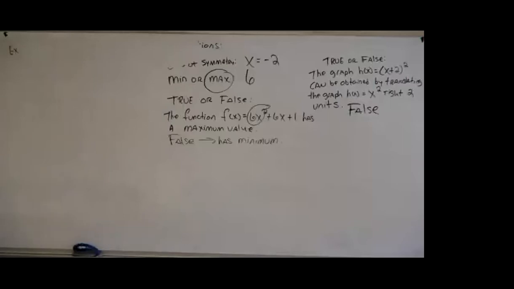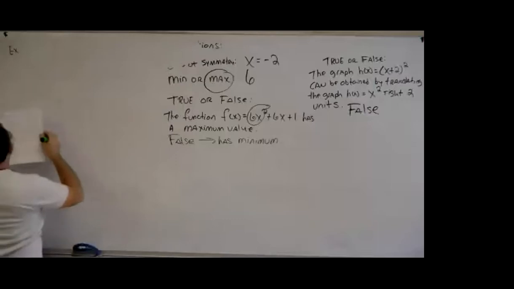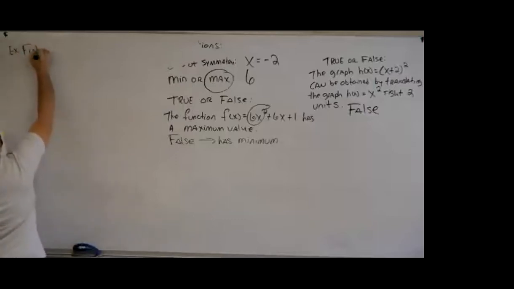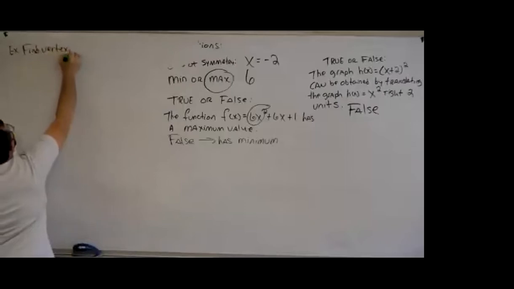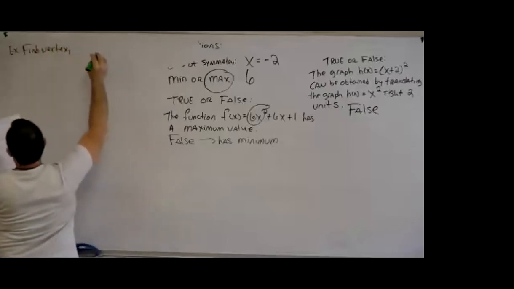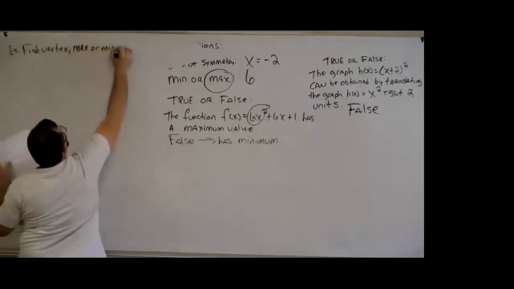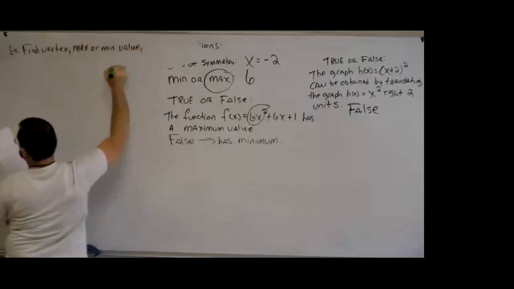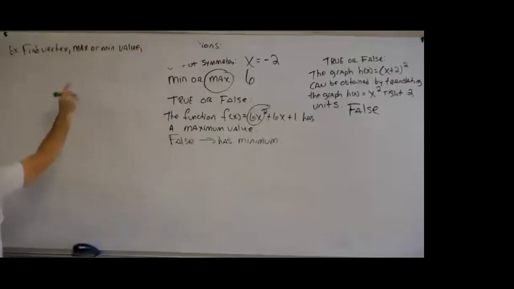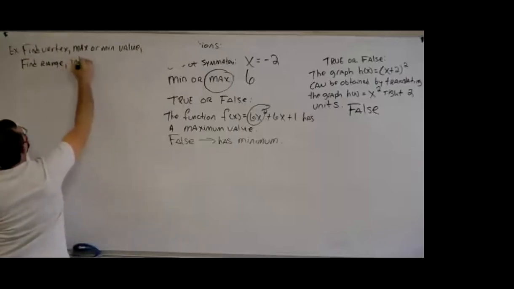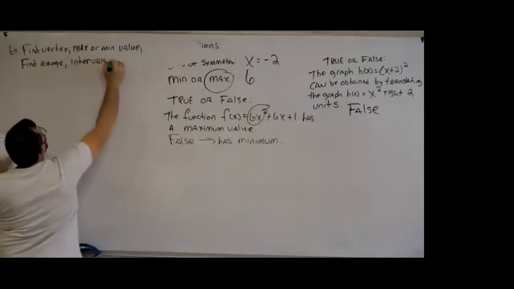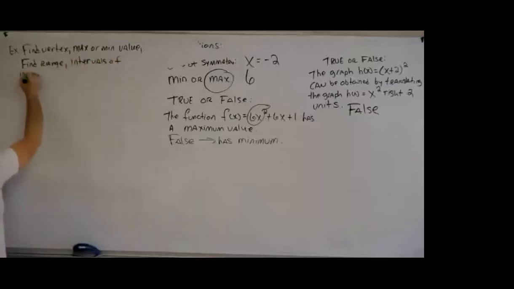So here we go. On this problem, I'm going to find the vertex, the min or max value, and find that value, and then I'm going to find the range. And then I'm going to find intervals, increasing and decreasing.